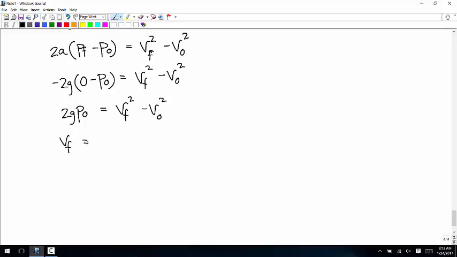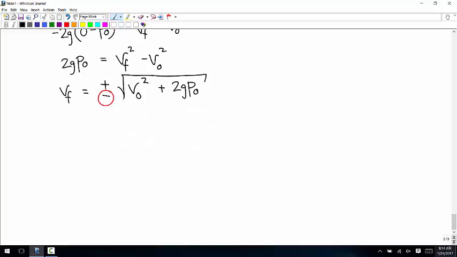So vf is equal to plus or minus square root of v0 squared plus 2g p0. And which of these do we want, positive or negative? Negative, because we chose our positive to be up and this is going down. Any questions about that?